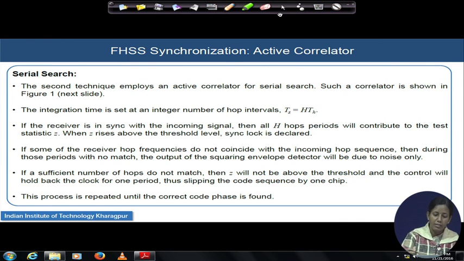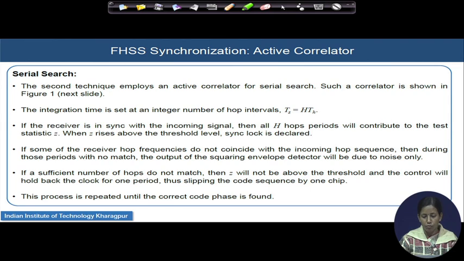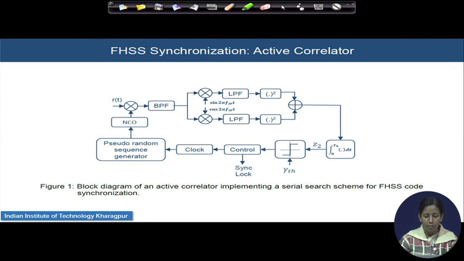So, it is just adjusting the clock, and remember, it is going on in a very serial fashion. So, the control circuit may require a long time to declare that there is a sync clock, because in one step it never decreases the clock phase by several chips.